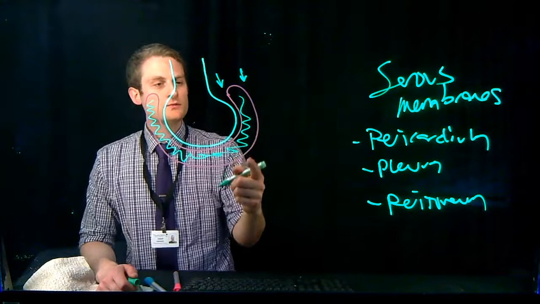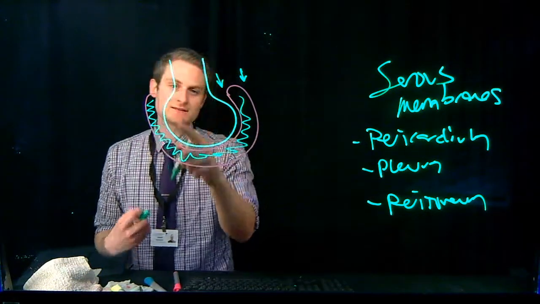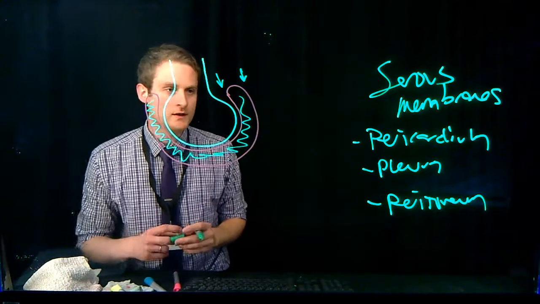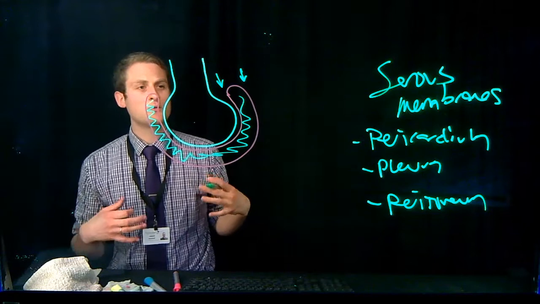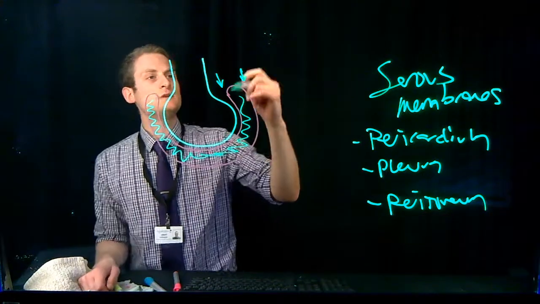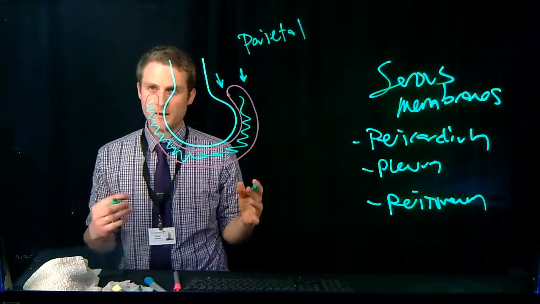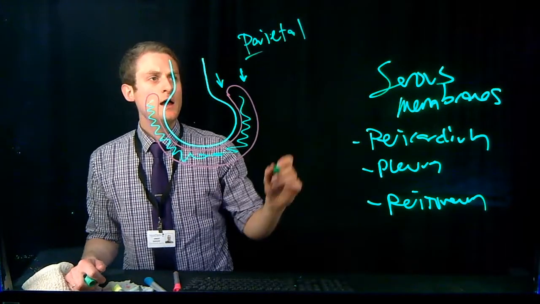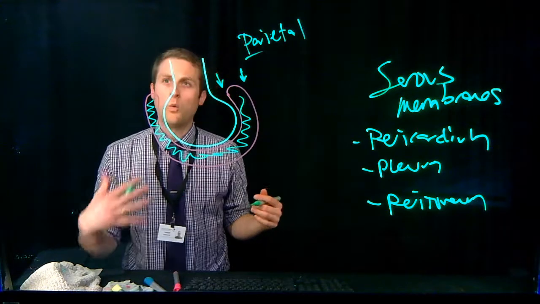The part of the balloon, the part of the serous membrane that is not touching the organ, and that's closer to your thoracic or abdominal wall, is going to be the parietal layer of that membrane. Peri is referring to closer to the body wall.